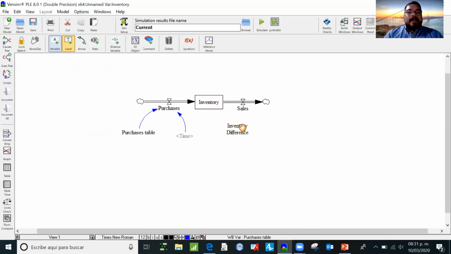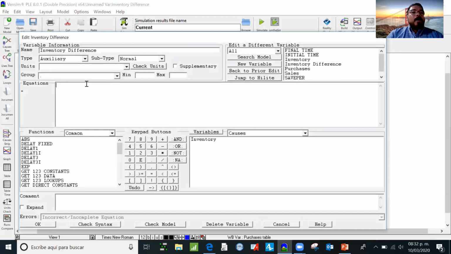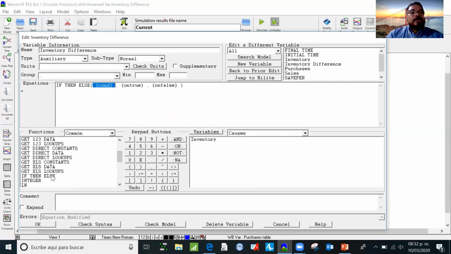So how can I identify this? I'm going to establish this variable as a function of the inventory. So I'm going to draw an arrow from inventory to inventory difference. And I'm going to use a conditional function, the if then else function. And the condition will be the next one.